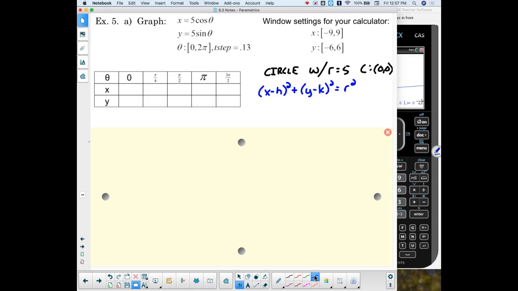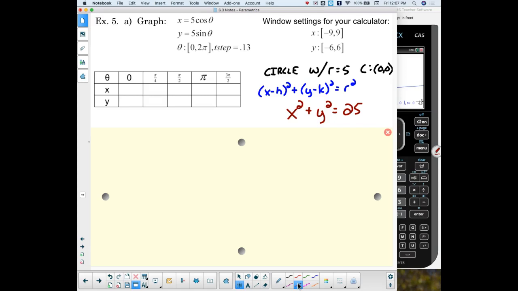What's the equation for a circle centered at the origin with radius of 5? X squared plus y squared equals 25. That's what I want to get to.